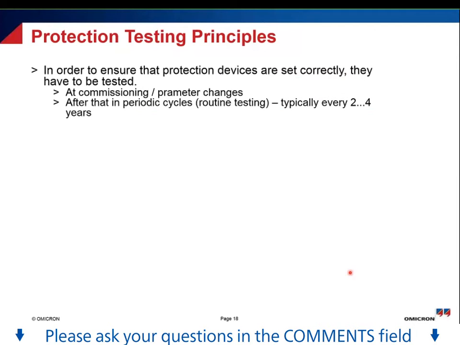There are very, very high requirements on protection devices. If they are mounted in a network, they have to be there for several years without doing anything. They must not do anything. But when there is a fault, they must react very fast, within a few milliseconds.